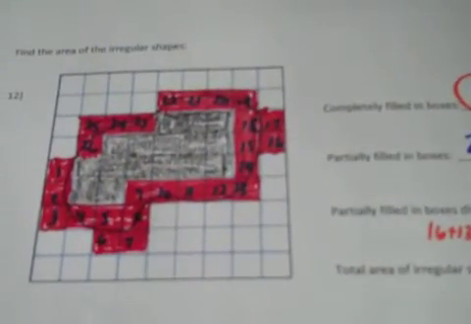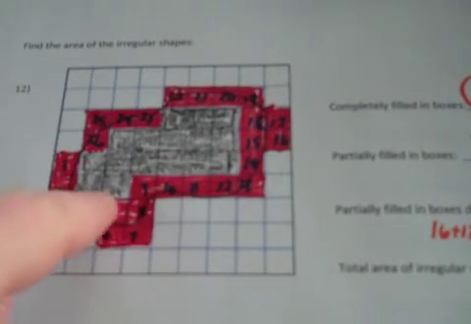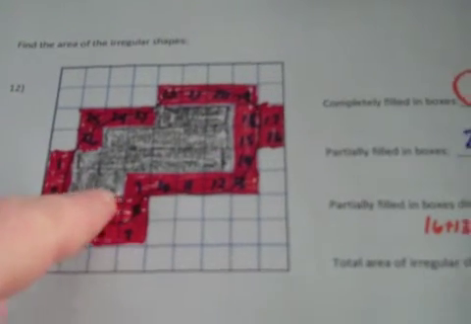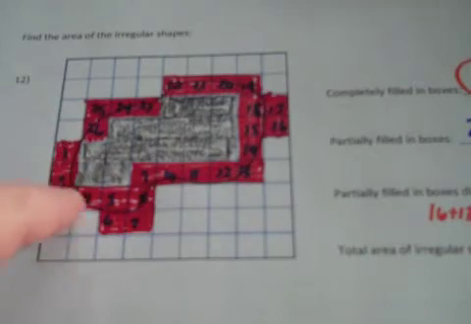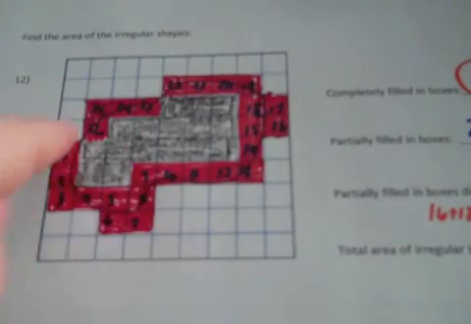Finally, we're back to reviewing how to find the area of your regular shapes. Do you remember when we worked on worksheet number 1? We shaded in all of the boxes that were completely inside the irregular shape one color, and we counted them. Then we colored in all of the boxes that the line of the irregular shape passed through.